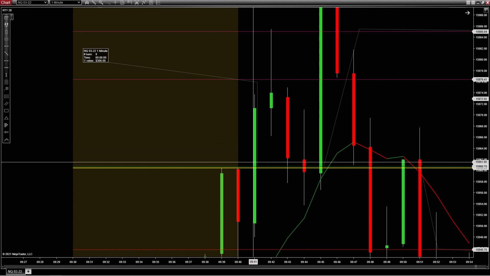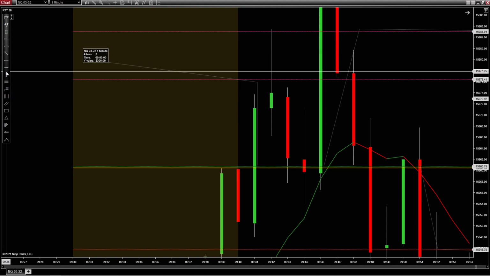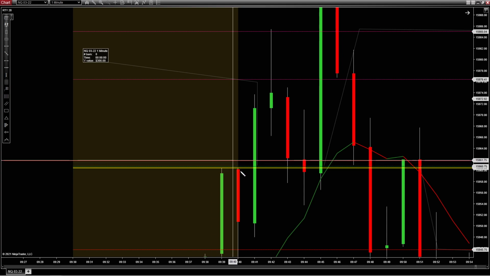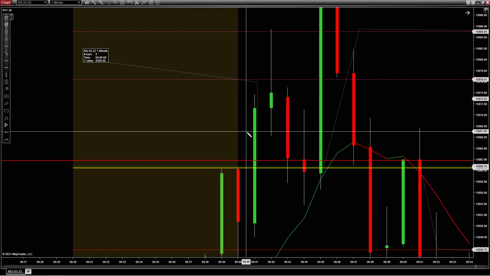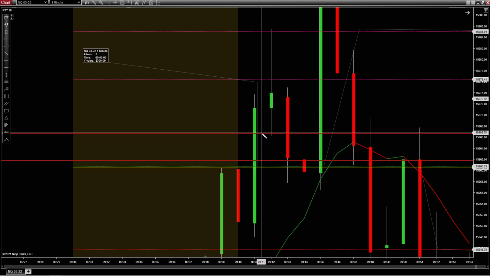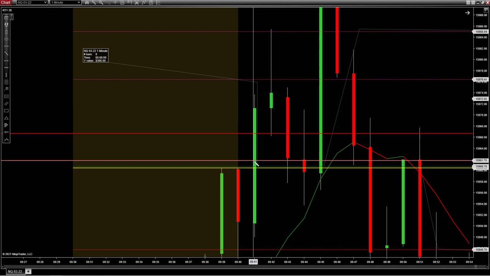Now, it's not in the indicator, but what I will do, just so that I can see it, is I will come here and go 1 point up. So that would be 61.75. I'll put that there, and then I will also come up to 66.75, and I will put these in here.